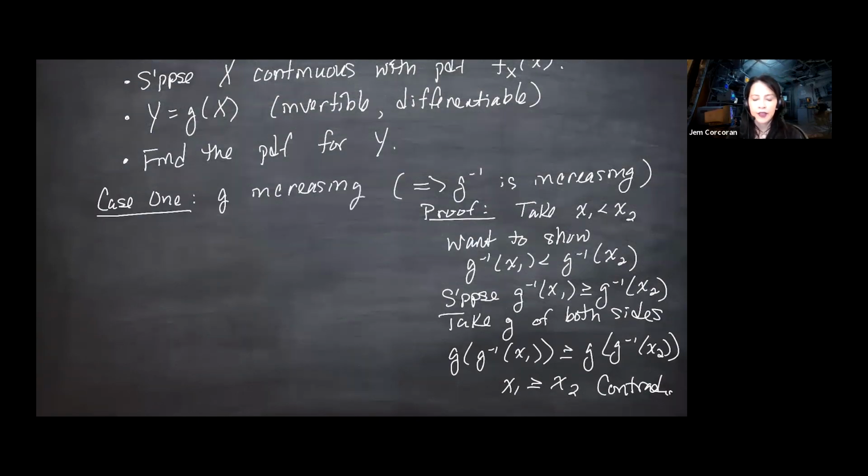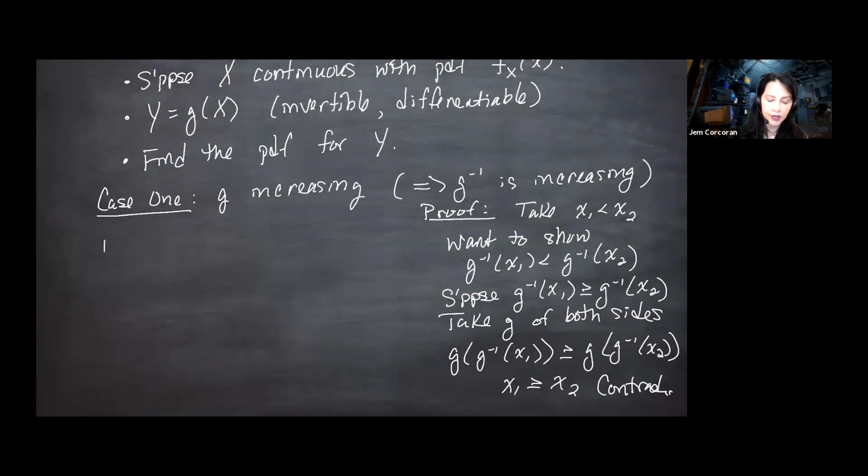Okay, so case one, I'm assuming that g is increasing. I'm allowed to do this because it's invertible. If it turned around or got flat, you wouldn't be able to invert it unless you brought in a generalized inverse. So it's increasing. We just showed that means that the inverse is increasing, and we are ready to go.